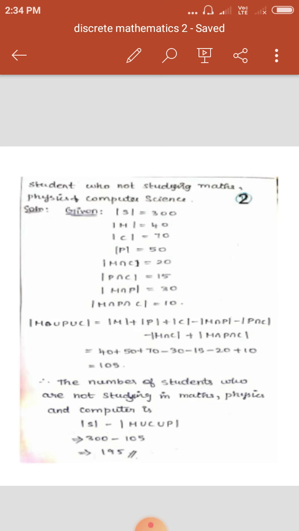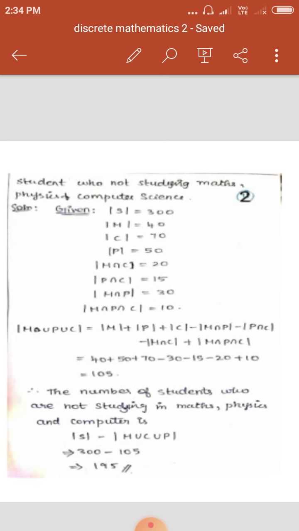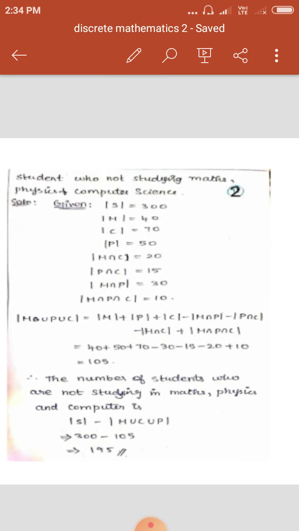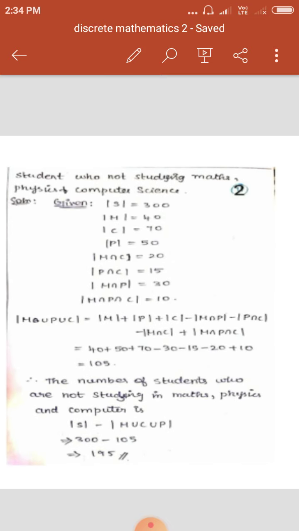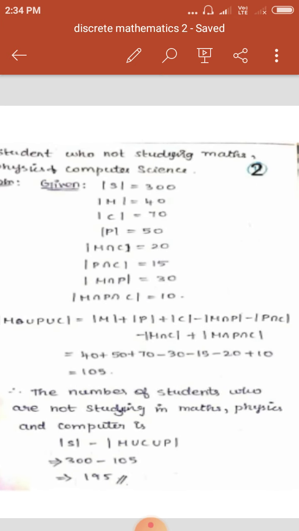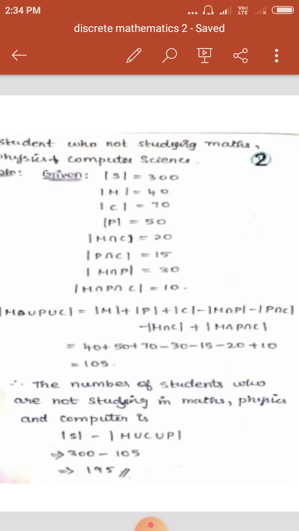Instead of A, B, C, we write M, P and C, that is maths, physics and computer science. Therefore, modulus of M union P union C is equal to mod M plus mod P plus mod C minus M intersection P minus P intersection C minus M intersection C plus mod M intersection P intersection C.